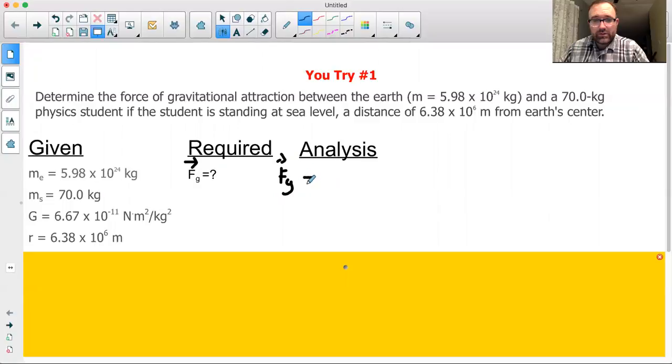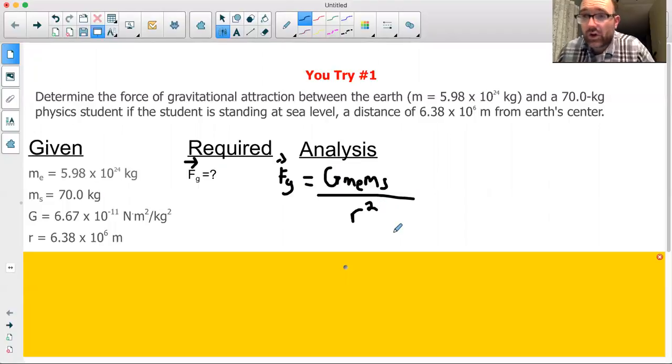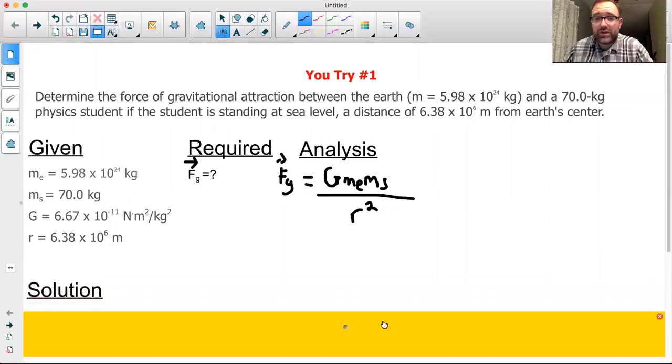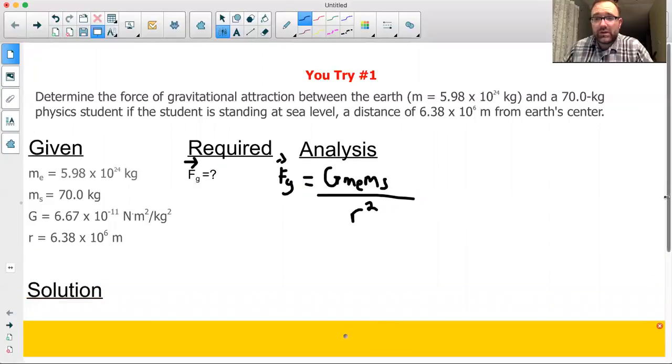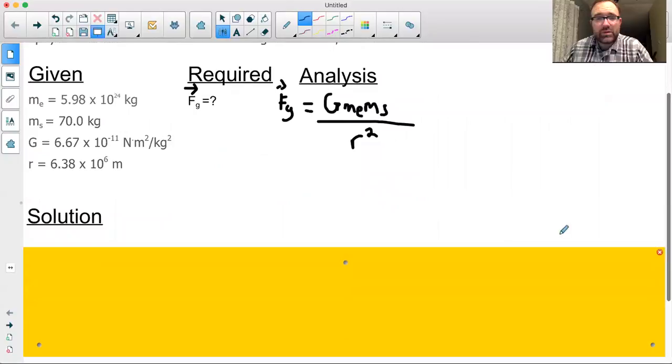So our formula is going to be uppercase G, lowercase m, subscript E, lowercase m, subscript S, divided by R squared. A lot of students forget the dividing of the R squared, so make sure you square the value. It's a typical distractor that you like to use in diploma, so make sure you include that R squared bit.